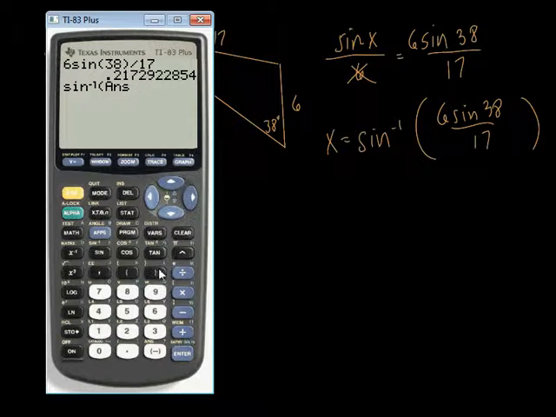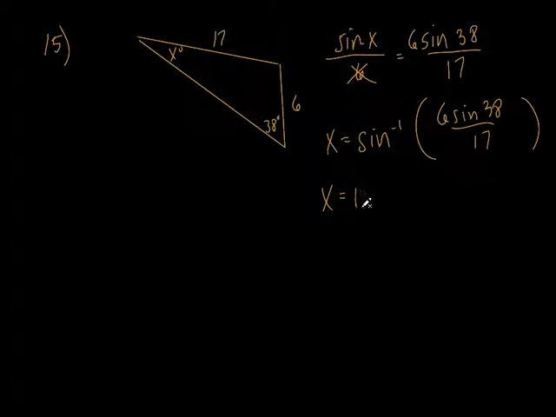See what I did? Whatever the answer was before, that's what goes right here. So I'm taking the inverse sine of all this stuff. It equals, and there you go. This says to round it to the nearest degree. 12.5 rounded to the nearest degree would be 13, right? So x is 13 degrees.